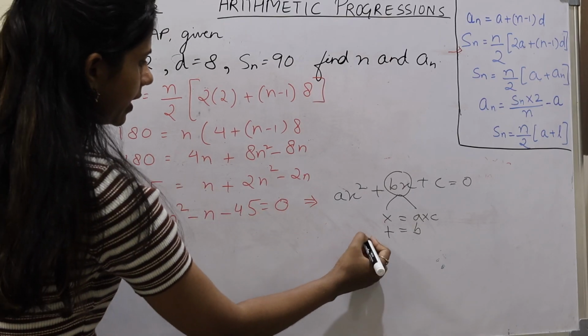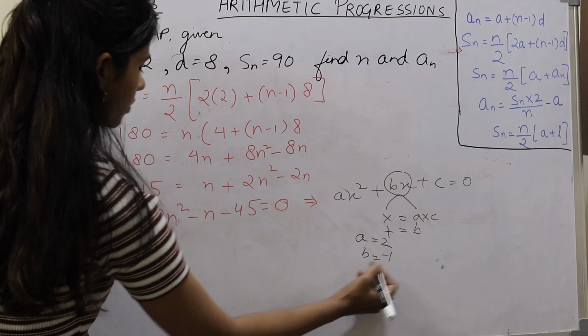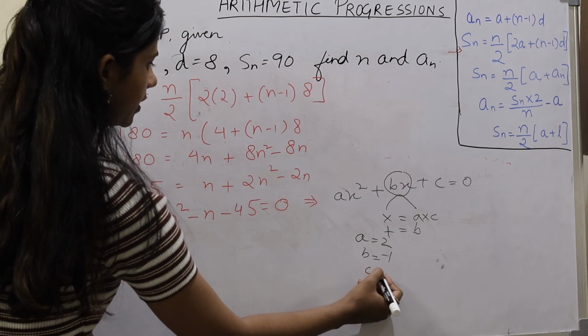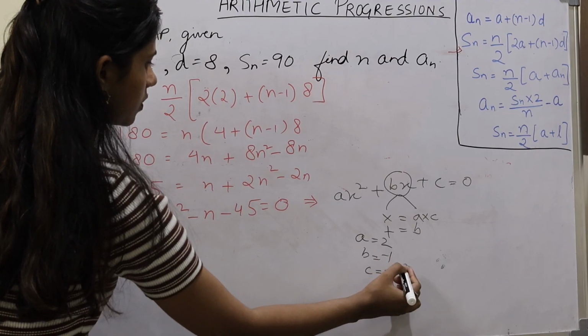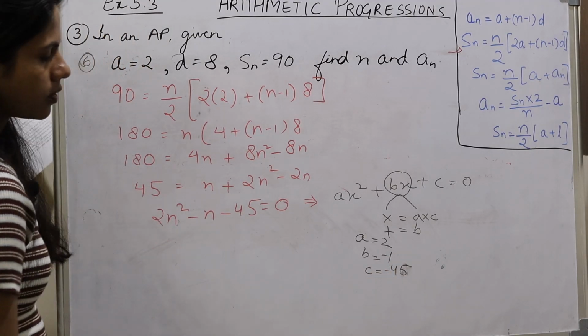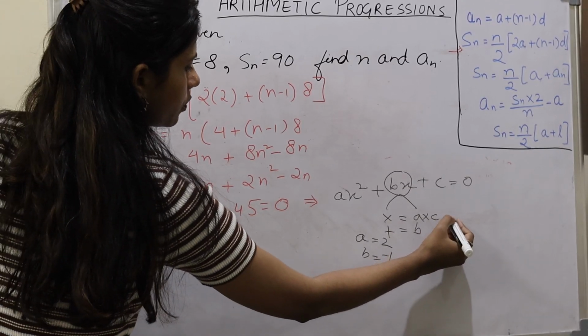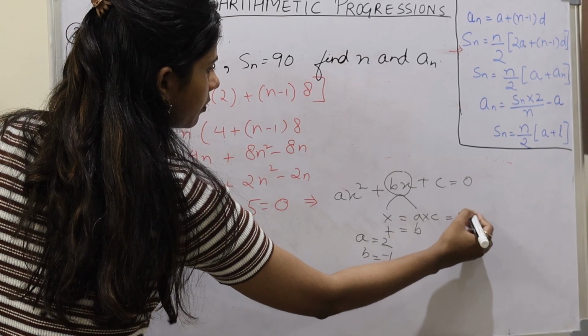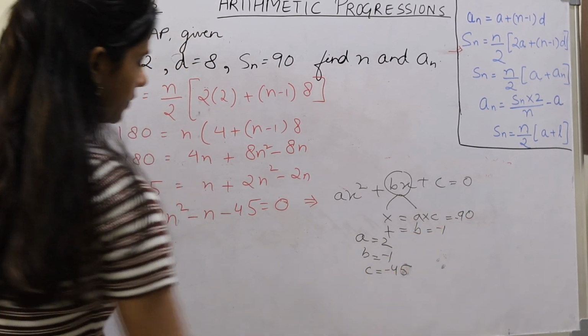Okay, here a is 2, b is minus 1, c is minus 45. So a into c is minus 90, and b is equal to minus 1.